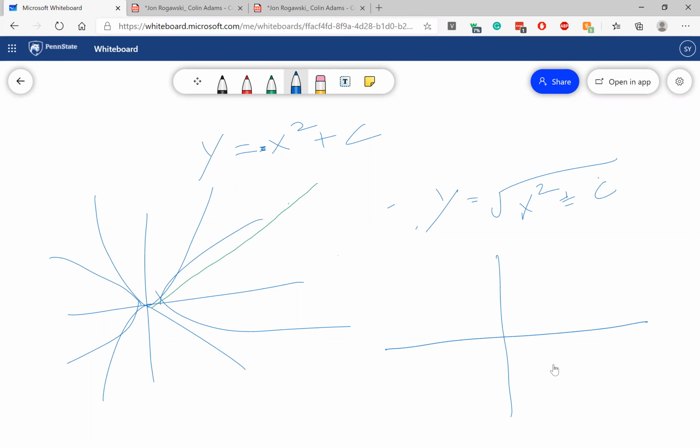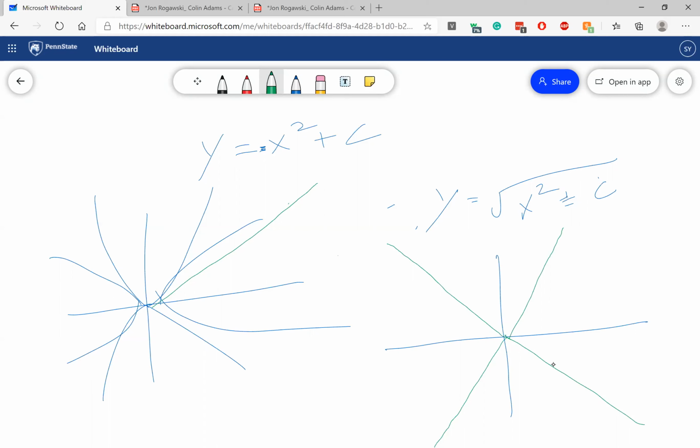If you erase c, you have y is equal to the square root of x squared, so that's definitely going to give you this line, y is equal to x. And because we can look at the negative x and square it and then take its square root, we would also get this line. So that's if you don't have a c. You have these two lines, and that actually is what gives you the cone.